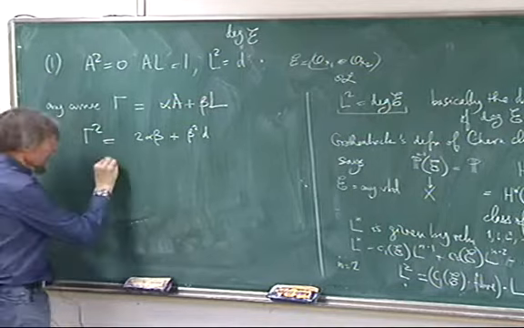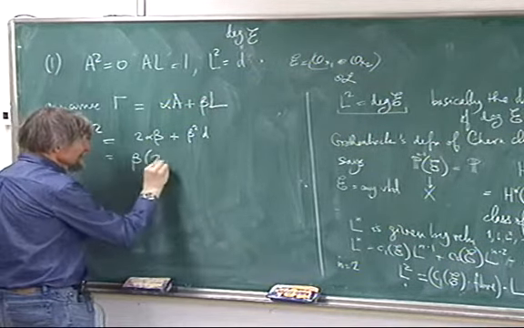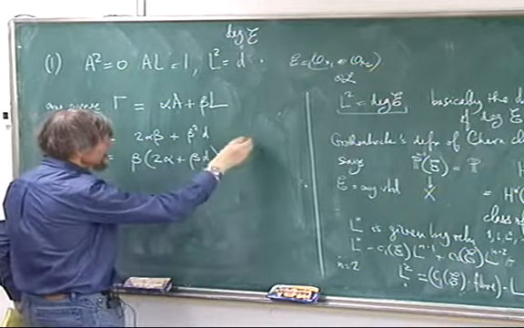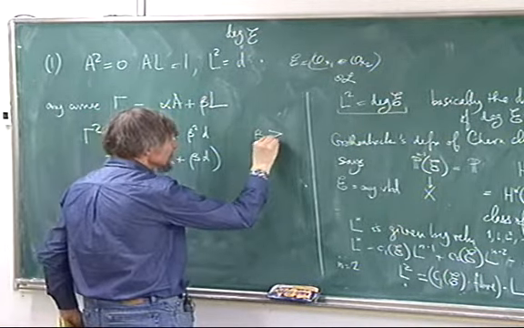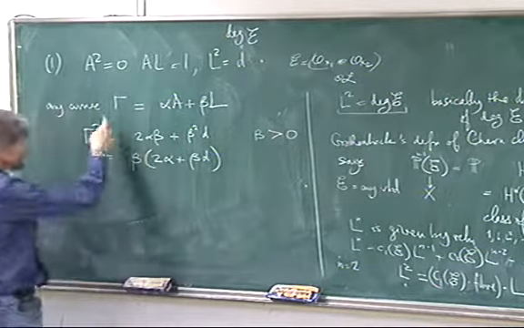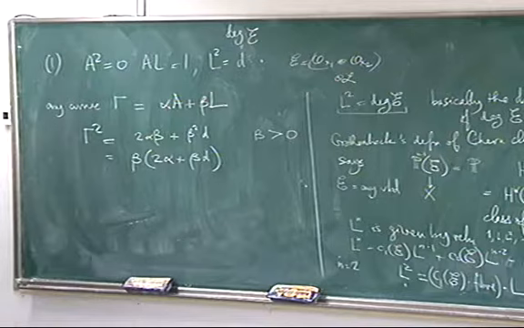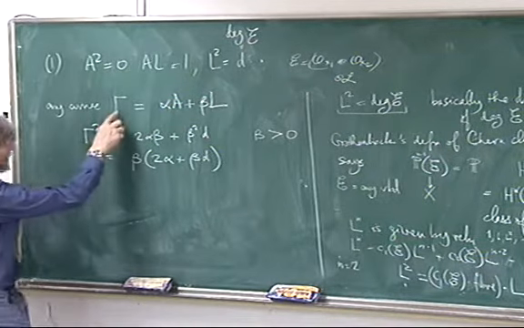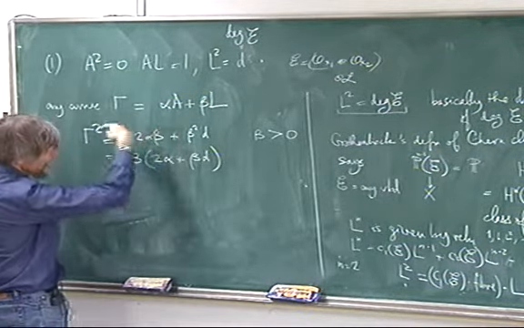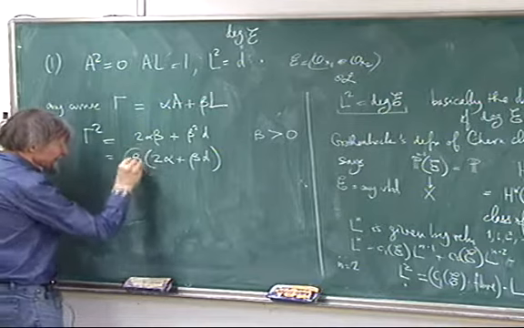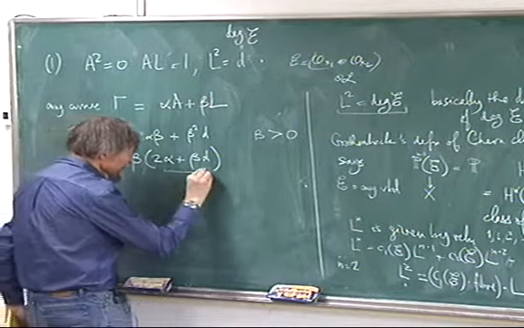And this is beta times (2 alpha plus beta D). And necessarily beta is positive, because this is supposed to be an effective curve, so an effective curve must meet every fibre in at least 0. And also I'm assuming that gamma is not just a multiple of A, because gamma squared is going to be negative. And so therefore this guy here is negative.